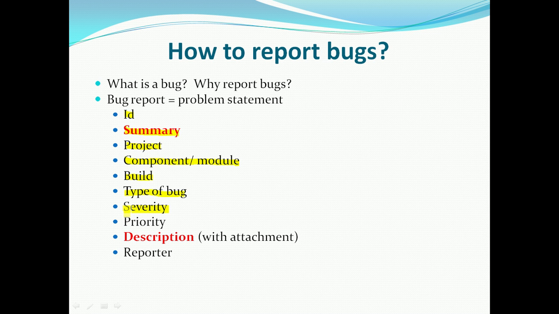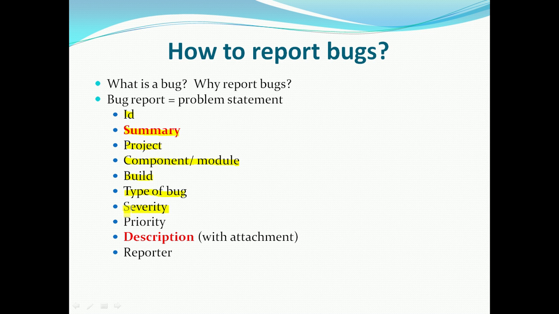The entire system is out of reach for you. That is a showstopper severity bug. A minor severity bug can be that the help file contains some typographical errors. That will not cause any major concern to anyone, but still it is a problem and it should be fixed.